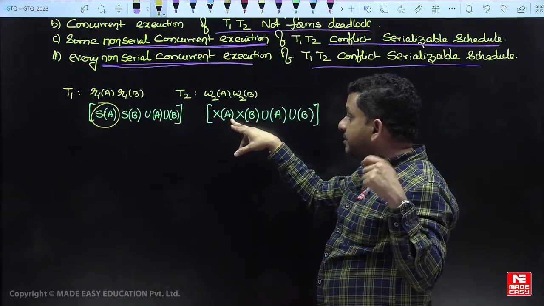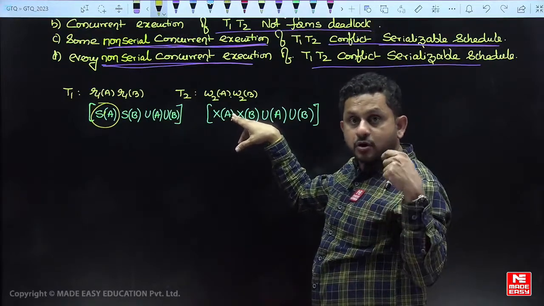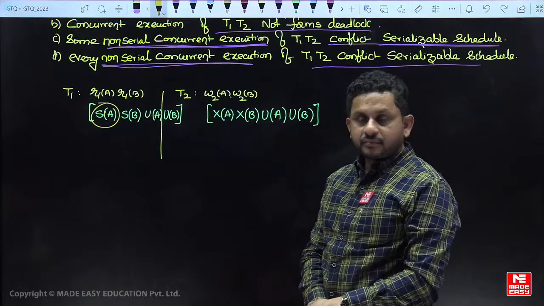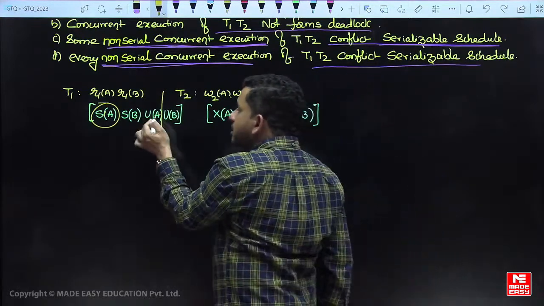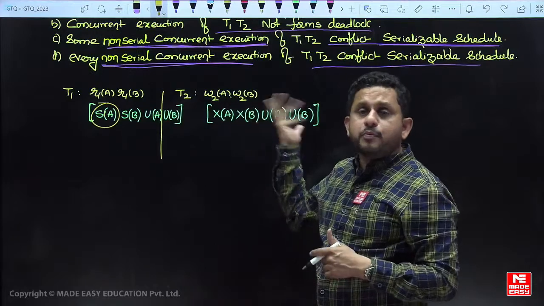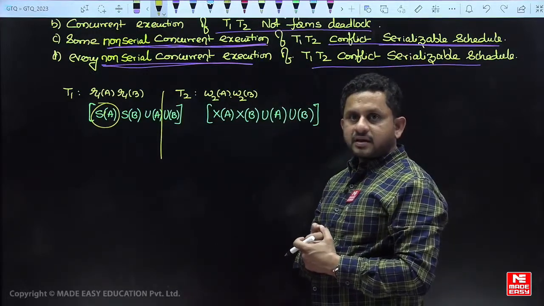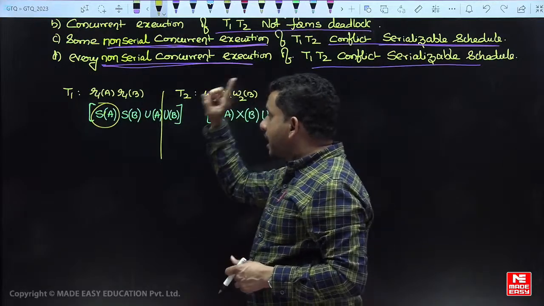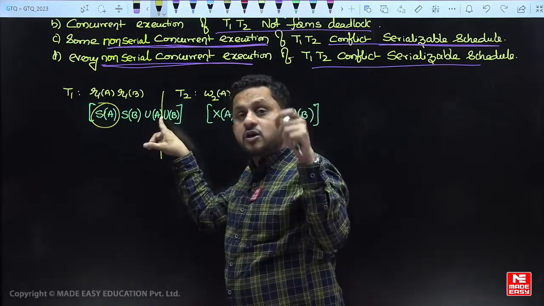T2 can't get the first lock until T1 comes to unlock A. It means that T2 should wait until T1 unlocks A.